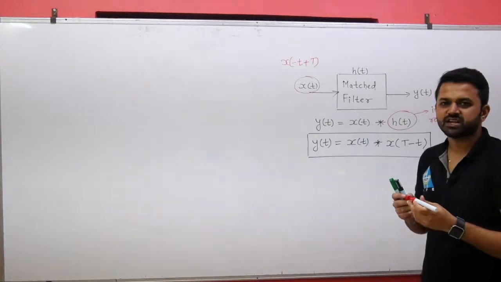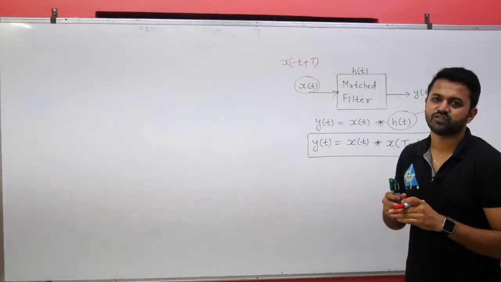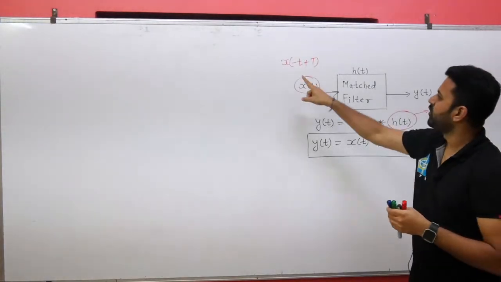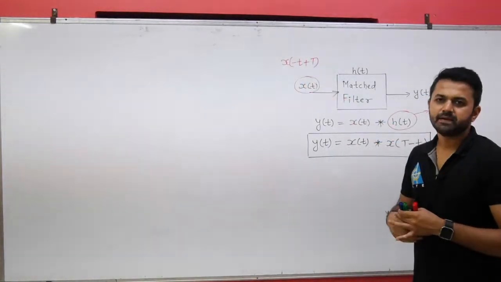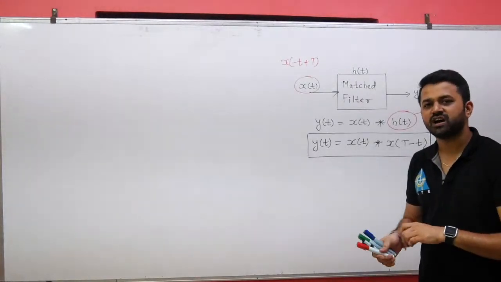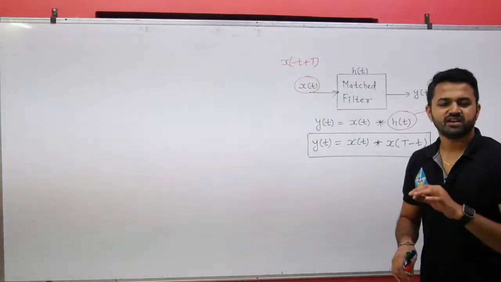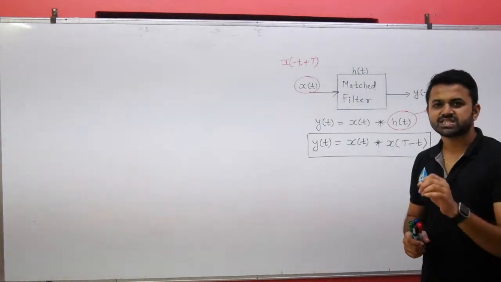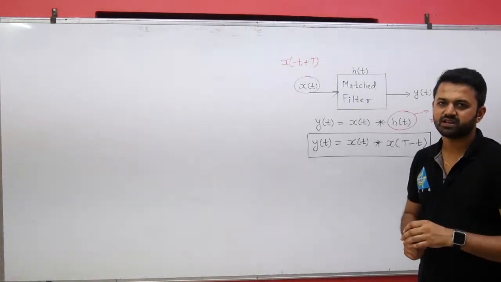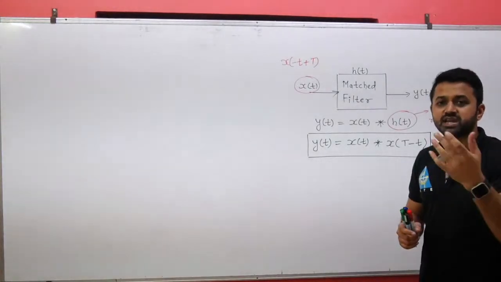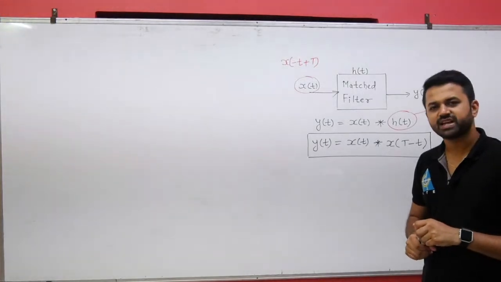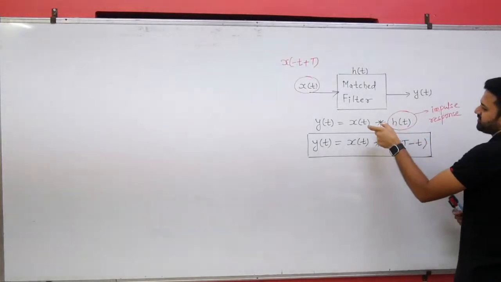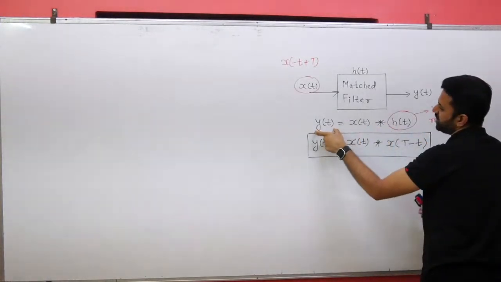The folded and shifted version of the input to the matched filter is nothing but the impulse response of the matched filter. And once you get the impulse response of the matched filter, by convolving it with the input of the matched filter, you will get the output. So once we get this h of t, we can convolve with the input and we will get the output.